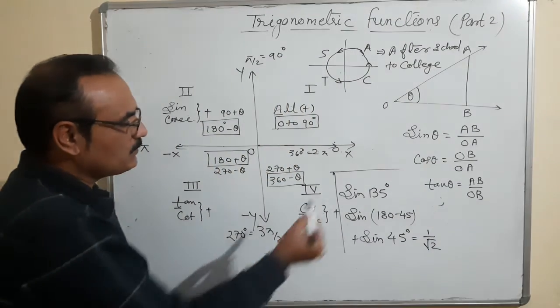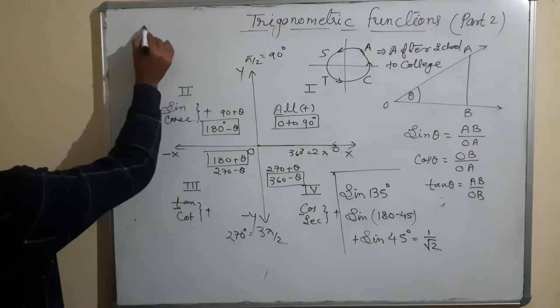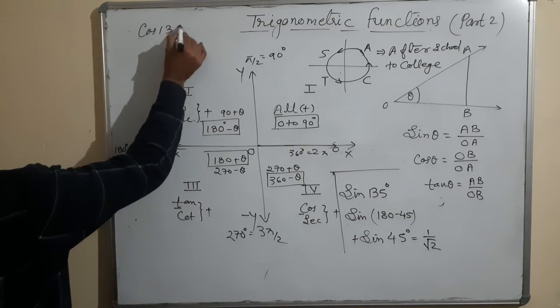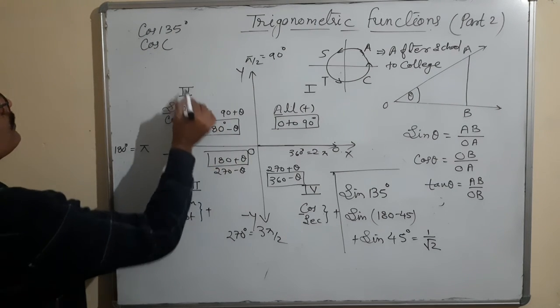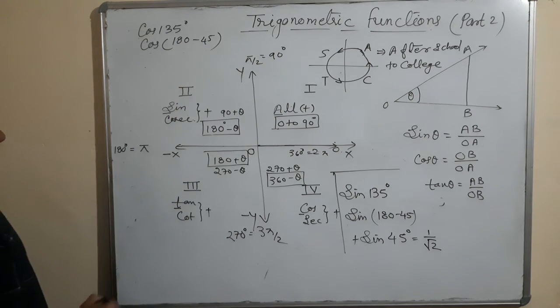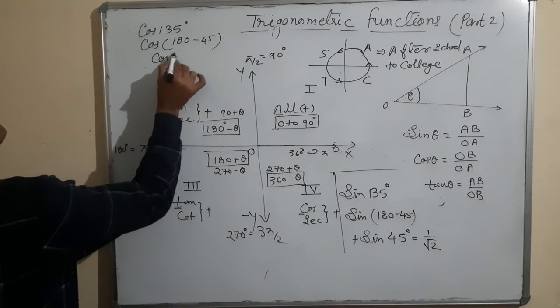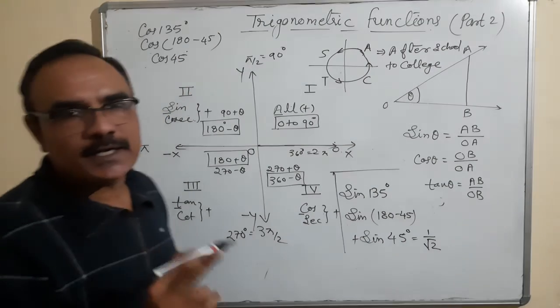In place of sine 135, if you want to find the value of cos 135, again cos 135 is in the second quadrant. Cos 180 minus 45 gives cos 45. The trigonometric ratio will not be changed in 180 and 360.